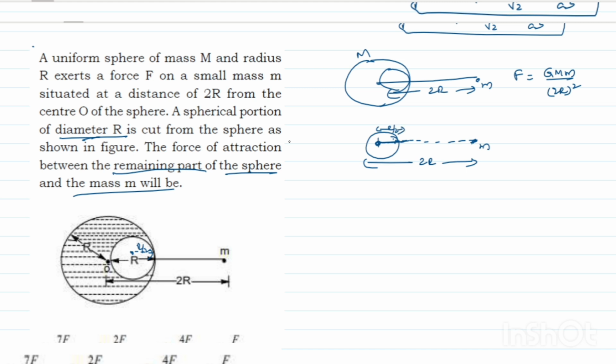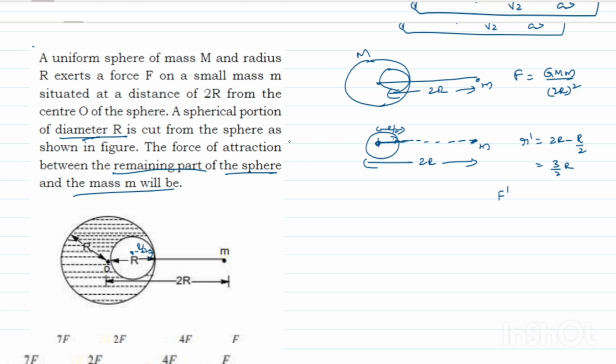Now the distance between the two masses will be R dash, which is equal to 2R minus R by 2, that is 4R minus R by 2, or 3 by 2 R. So R dash equals 3 by 2 R.